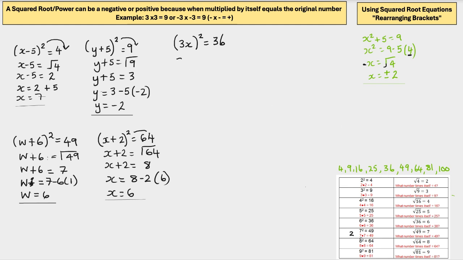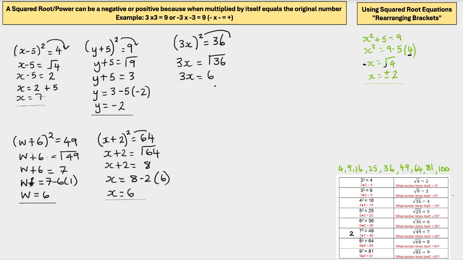So same principle here, we're taking the square root to get it out of the brackets. So we know the square root of 36 is 6. So it's 3x equals 6.